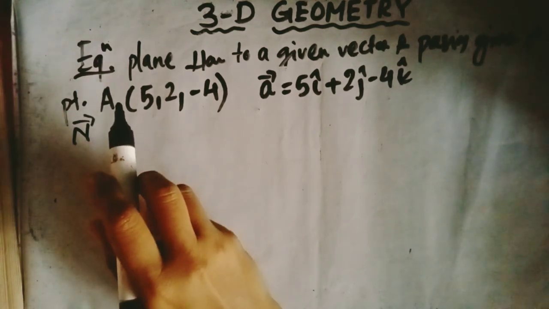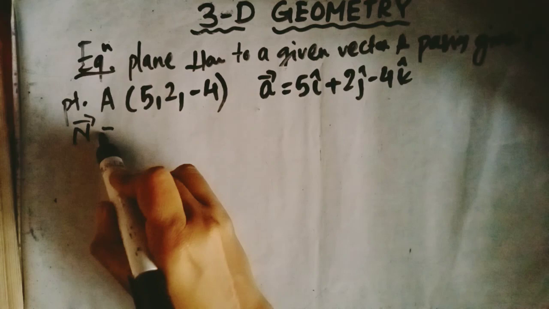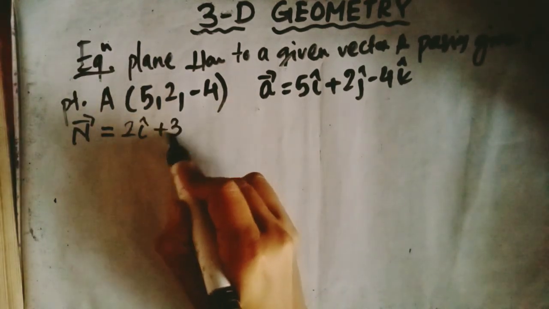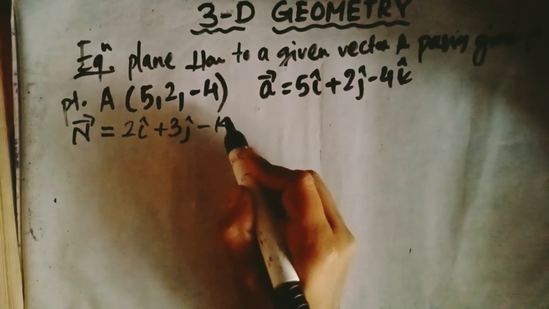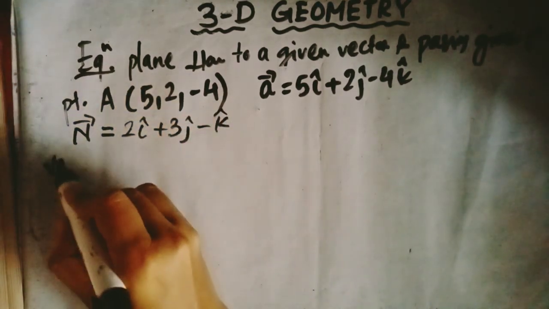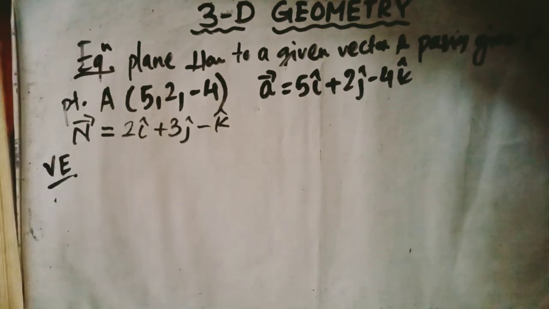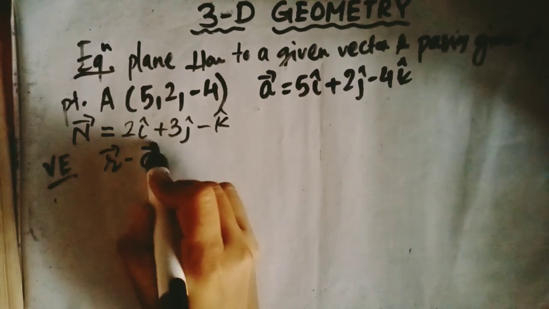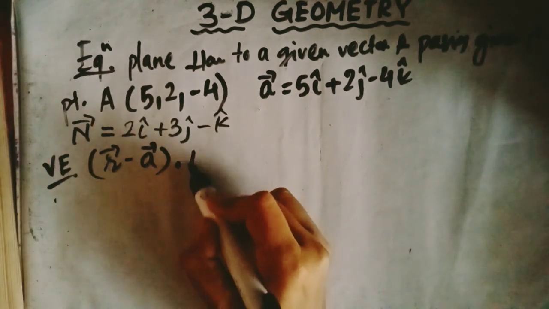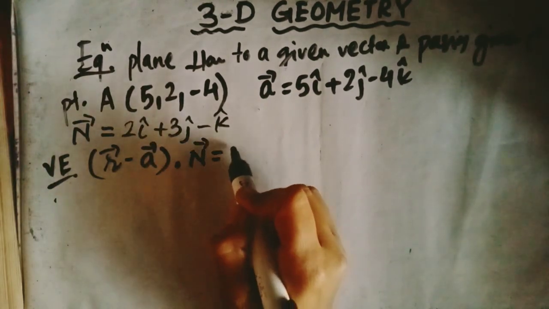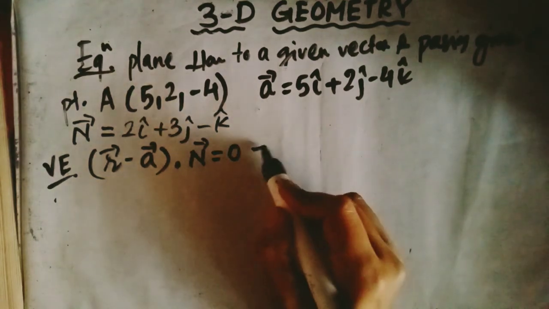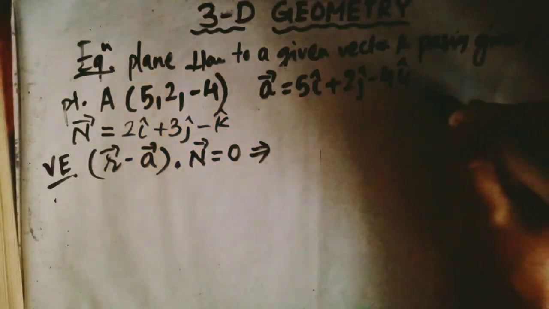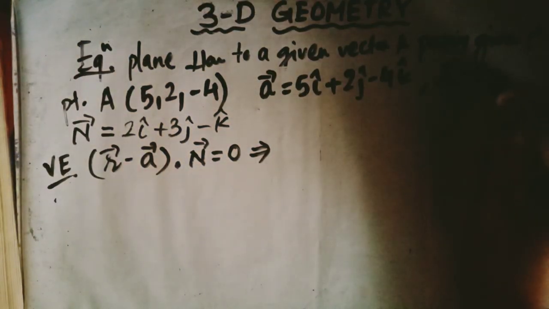Direction ratios are given, so you can directly write the vector form, that is 2i + 3j - k. Now find out the vector equation. In vector form it is given by (r - a) dot n. So r vector is our (x, y, z).